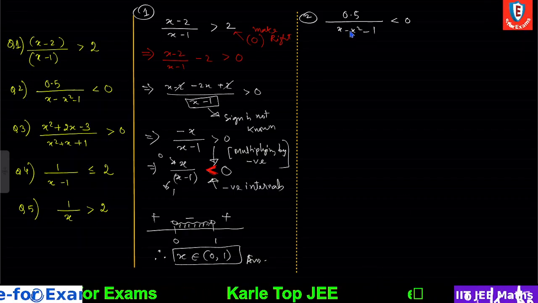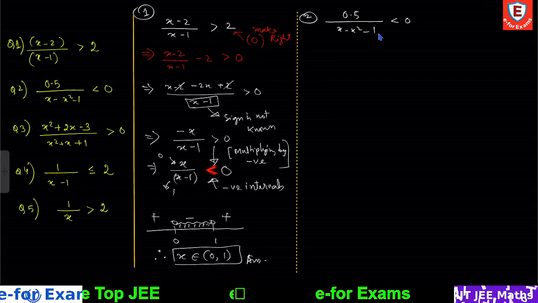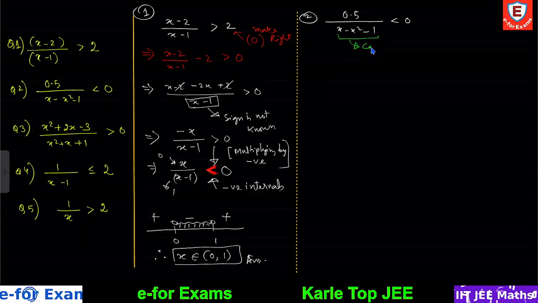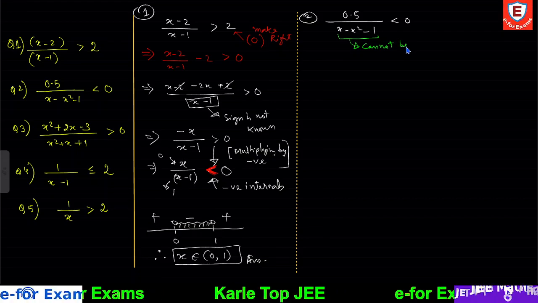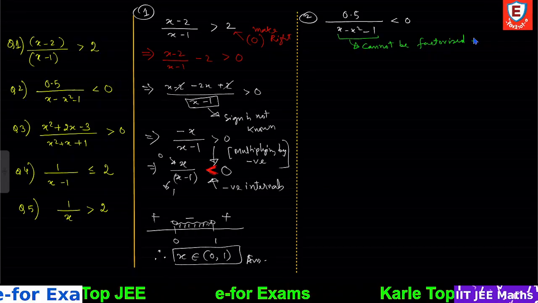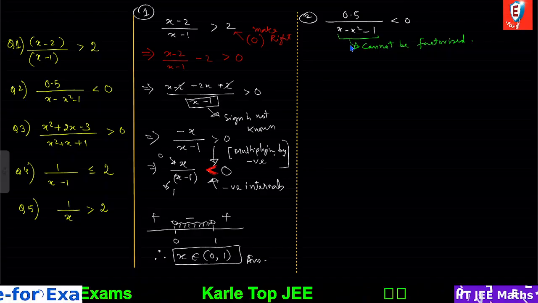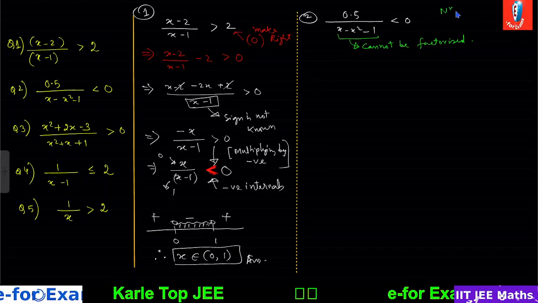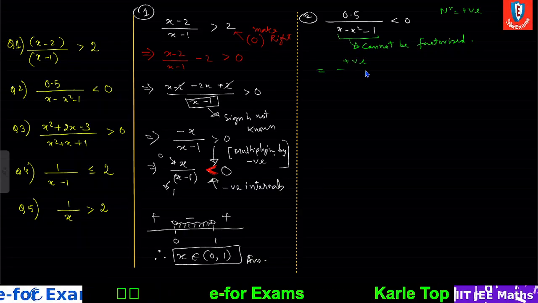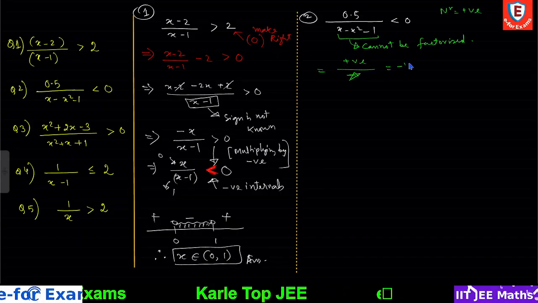0.5 by x minus x square plus 1. Here this is not factorizable, it cannot be factorized. And also we have to check the sign. See, the numerator is positive, so positive by something equal to negative.